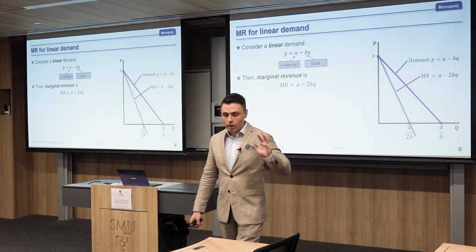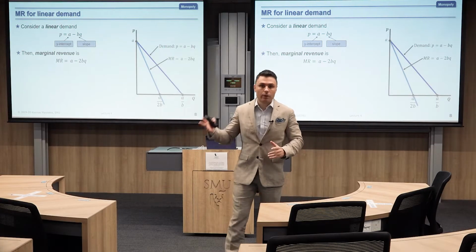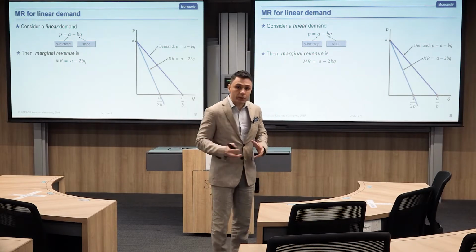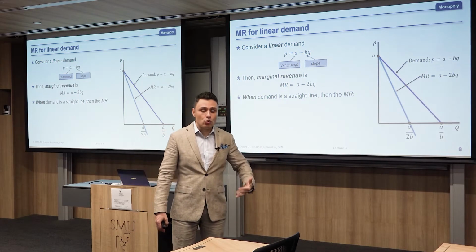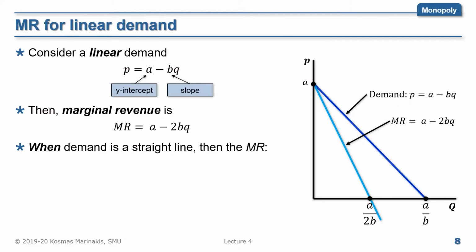So in general, you can mathematically prove, and I'm not going to do that right here because we have much more interesting stuff to do, that when the demand is a straight line, meaning that your demand has a formula like the one given there, A minus B times Q, something minus something times the quantity, then your marginal revenue will also be a straight line, will start from the same intercept on the vertical axis.